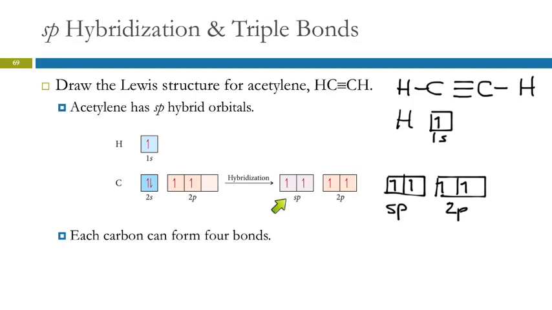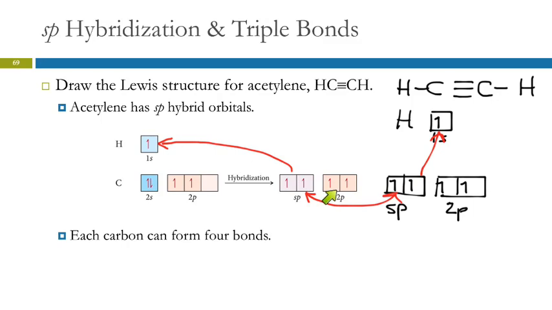So one of these hybrid orbitals will overlap with an s orbital on the hydrogen. And on this other carbon, one of those will overlap with the hydrogen. Now that leaves a hybrid orbital on each of these, and so those will overlap, the carbon with the carbon, and that will form a sigma bond between the 2 carbons.